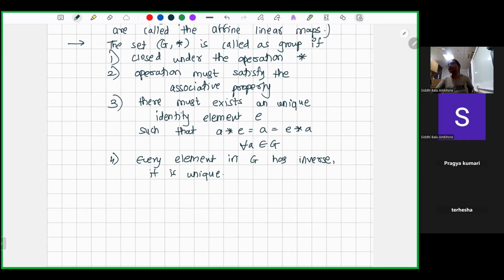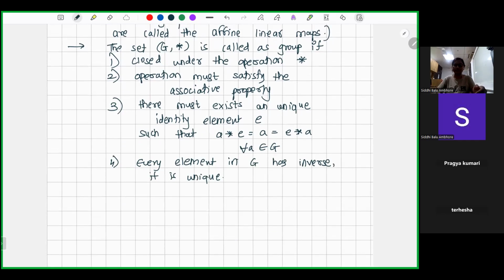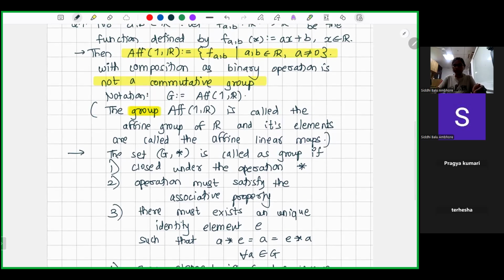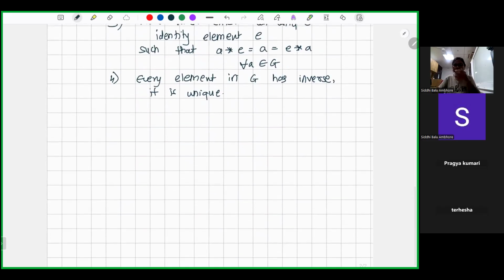So these are the properties of a group which we need to check first, whether they are satisfied by this set AFF(1, R), that is the affine group of R, and then we will see whether it's commutative or not.